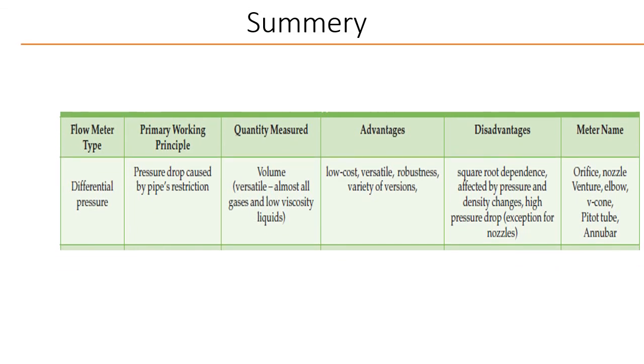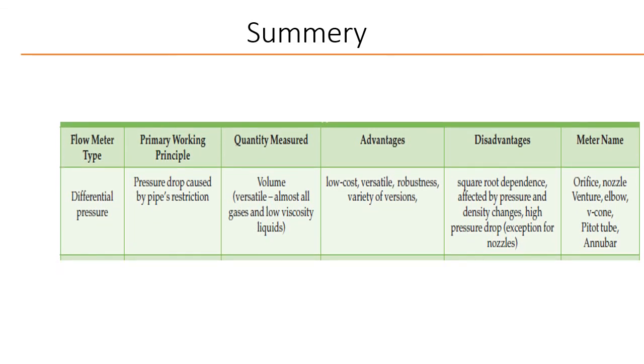To summarize: the flow meter type is differential pressure. The primary working principle is pressure drop. A restriction is created and the pressure drops. Quantity measured is volume.